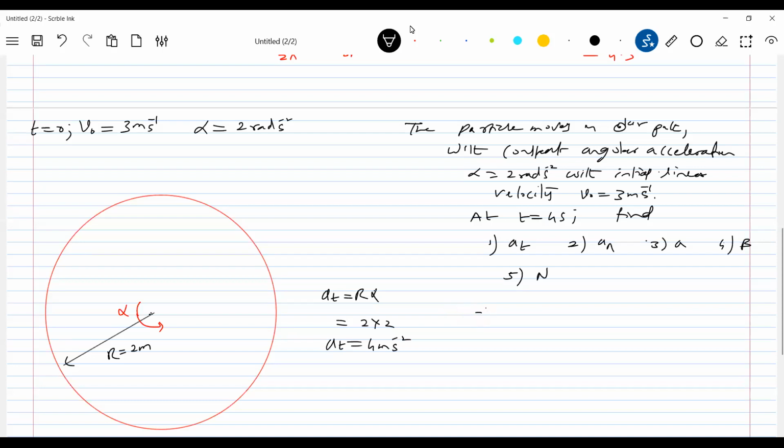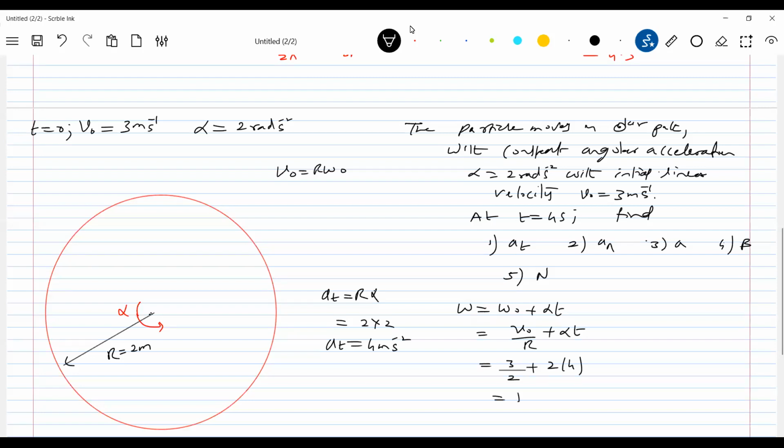First we'll calculate omega. Omega equals omega naught plus alpha t. We don't know omega naught, but V naught is equal to R omega naught, so I'll write V naught by R plus alpha into t. Substituting, V naught is 3, R is 2, alpha is 2, and t is 4 seconds.